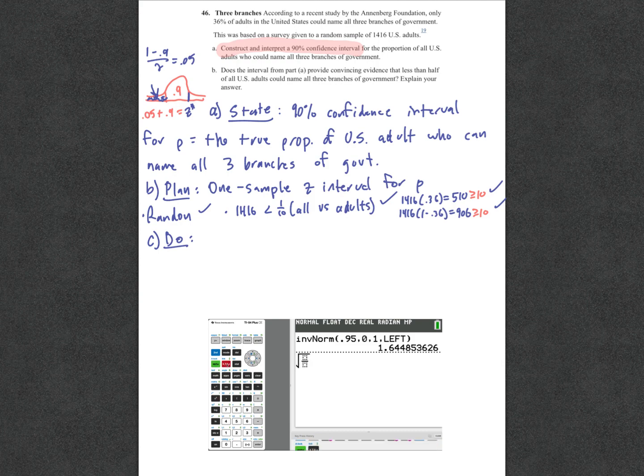Do square root of p times 1 minus p, all over our sample size, which was 1416. That's our standard error. Now we'll do our point estimate, 0.36. We'll do the minus first. That's our Z star critical value times our standard error, which is the margin of error.